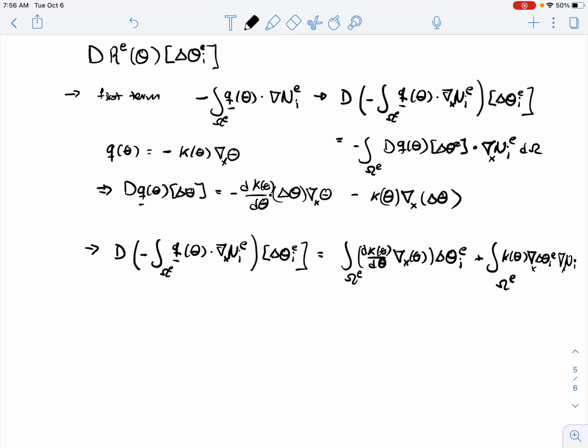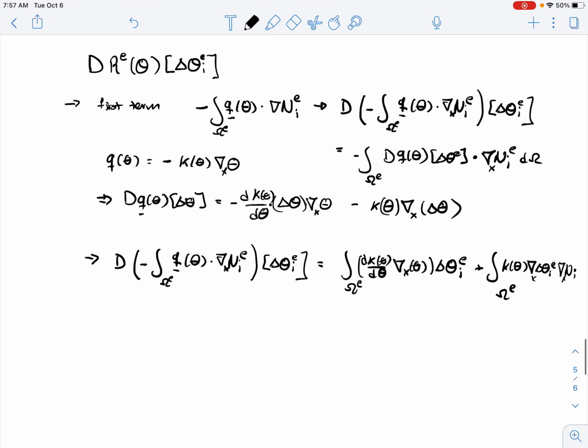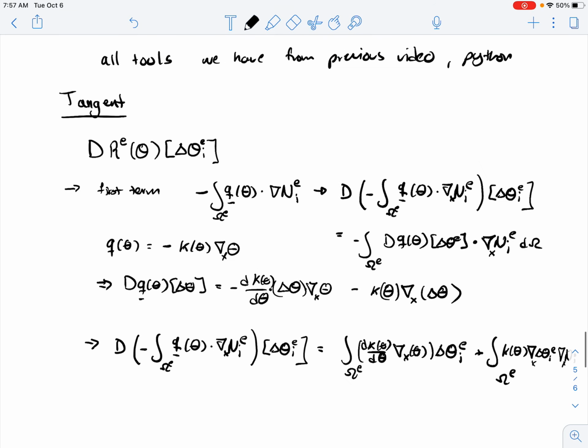And so what I'm going to do now is, how do I make these increments be described or discretized in the same way? Hopefully this is clear.